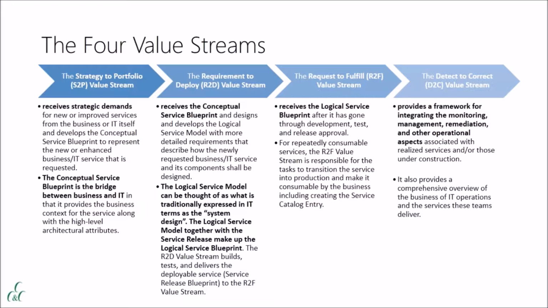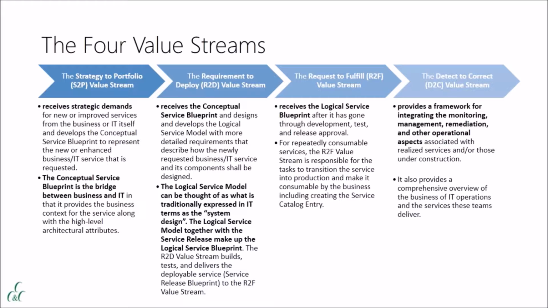The first one, strategy to portfolio, is about planning. It is about demand management. It is about enterprise architecture. It's about taking in the demand from the business, rationalizing it into a set of things that IT will deliver. In the IT4IT model, we talk about the conceptual service blueprint, which is the architectural description of something that IT is going to deliver.